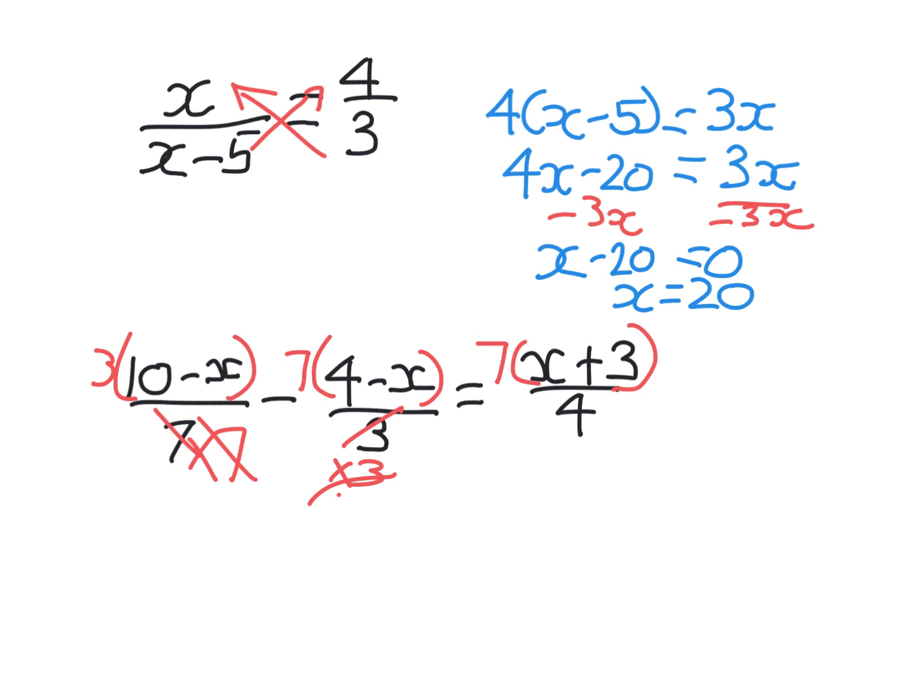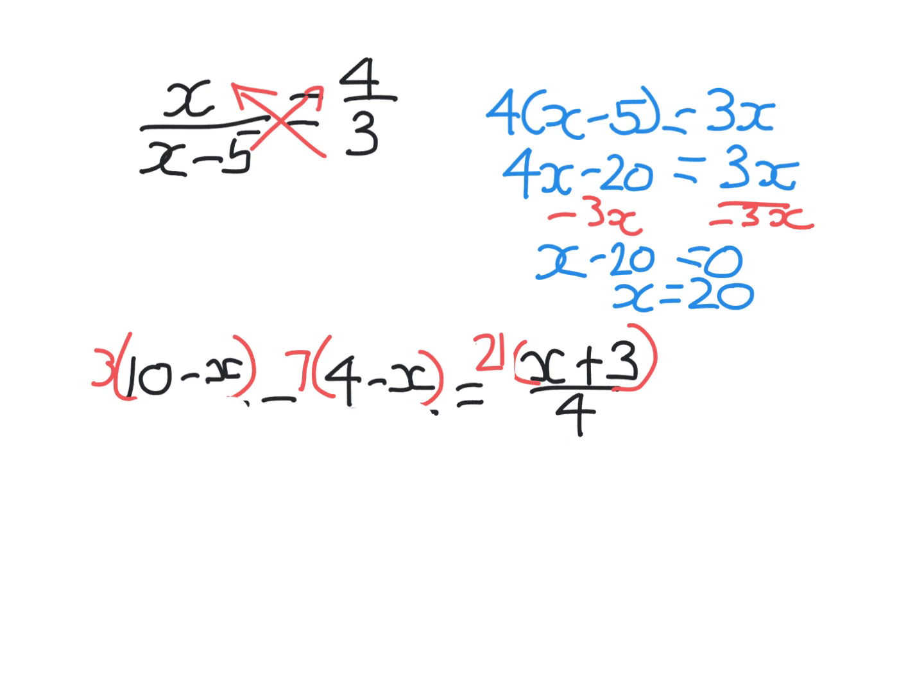Now, if I multiply left-hand side by 3, so too I must multiply the right-hand side by 3. So I can just take this 7 and change it into a 21, because 7 times 3 is 21. Okay, now what I have is these fractions are gone, but I still have a fraction on the right-hand side.